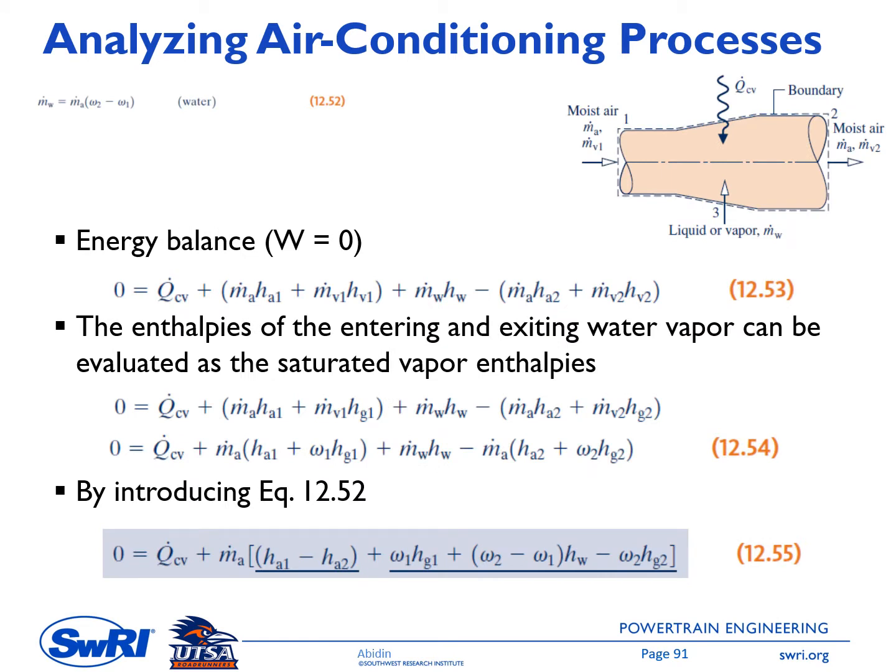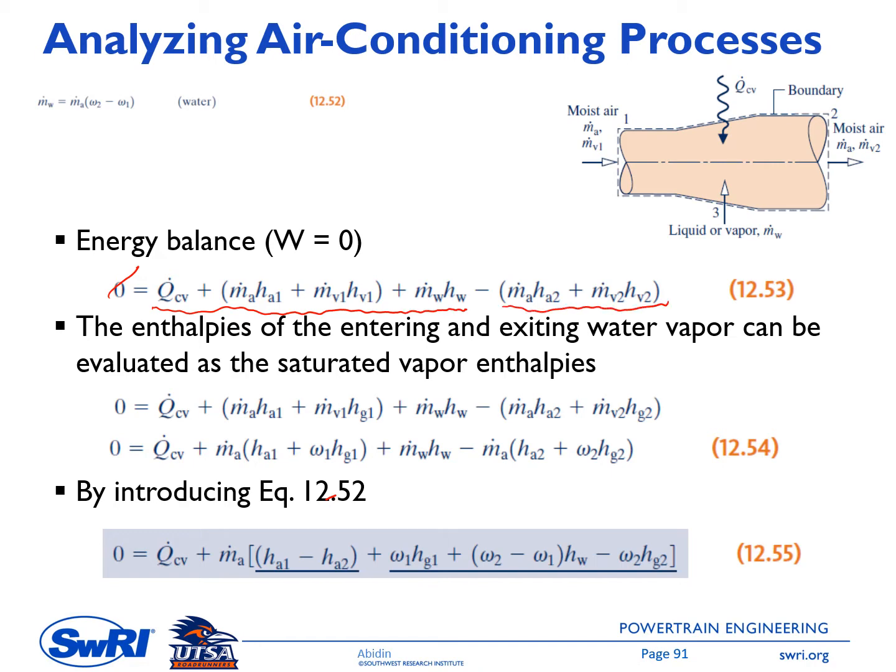And then this is for the energy balance, so we don't have work in this process. And it is steady state, therefore it is 0 on the left side here, no W, so it equals, this is what is coming in, and then this is what is coming out of the system.